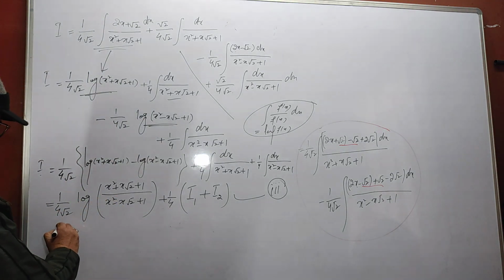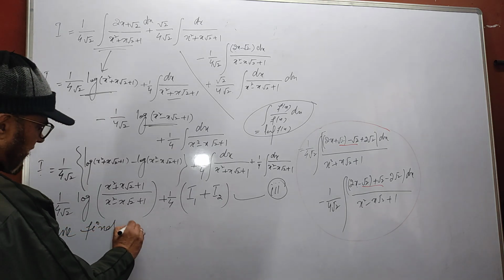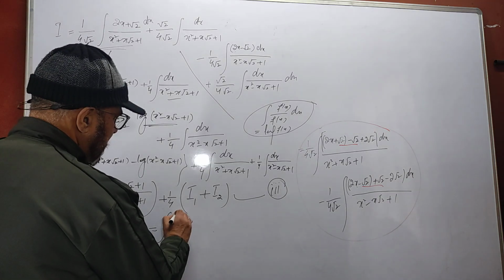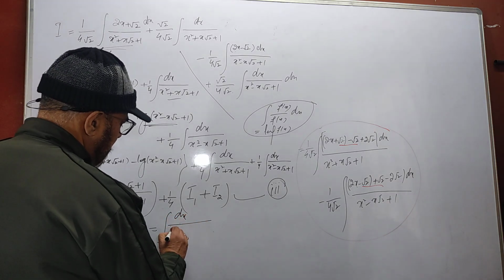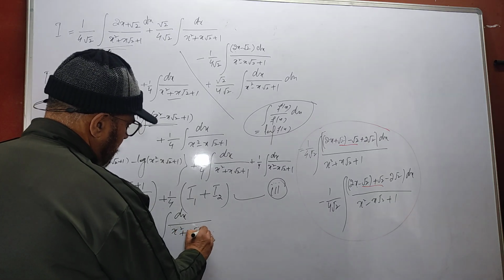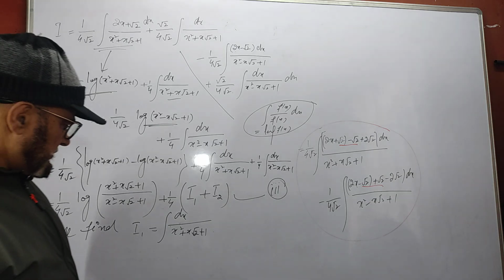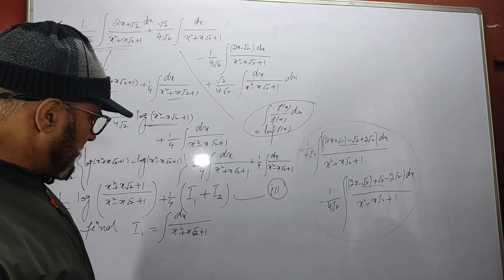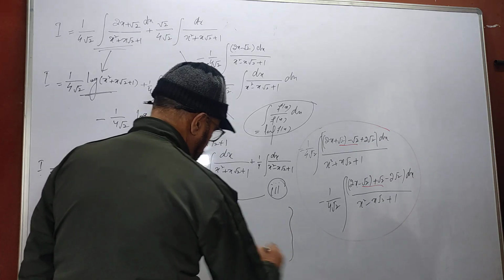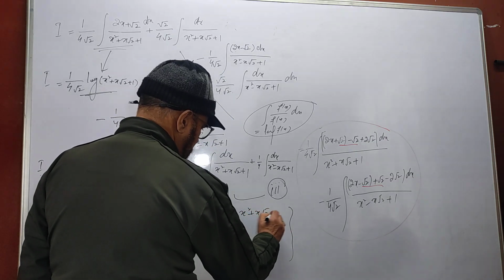We find I1, which is equal to integral of dx by x square plus x root 2 plus 1. I will use the completing square method here. You know how we complete the square. You look, it is x square plus x root 2 plus 1.